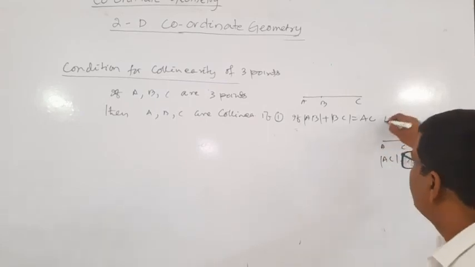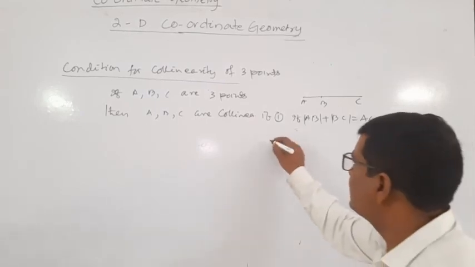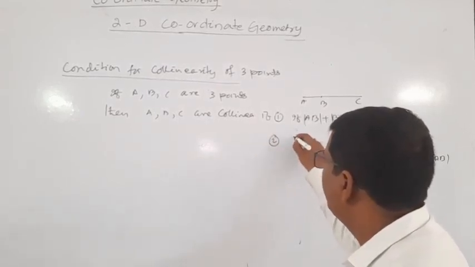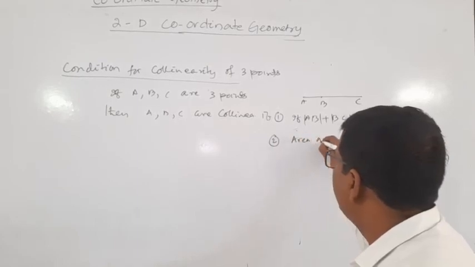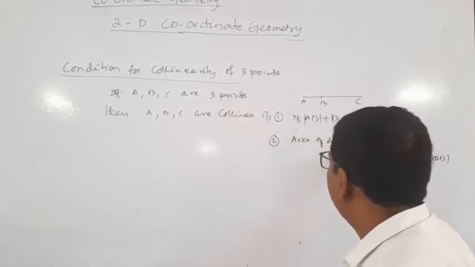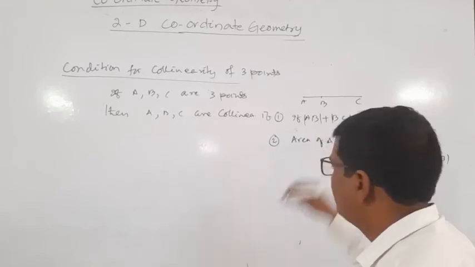This is one method. And the second method is the area of triangle ABC is equal to 0.